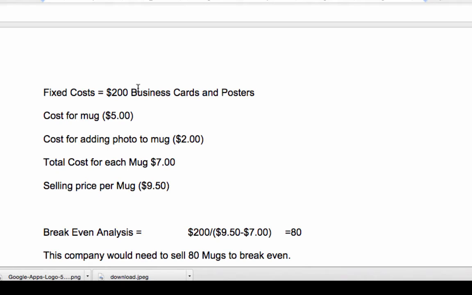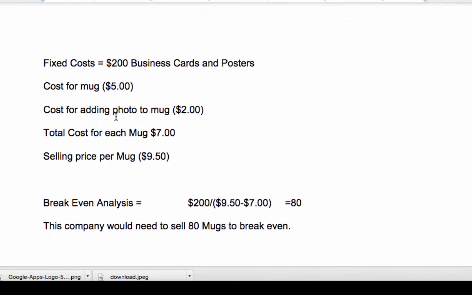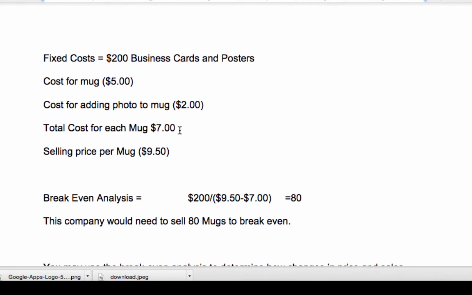Those were their only fixed costs, because we're having small businesses in our classroom. Let's say it cost them $5 to buy each mug. And to add a photo, they're going to go to Walmart and use their fancy Photoshop there and bring a USB with a photo on it with a personalized picture of their family. It's going to cost them $2 to do that. So in total, it's going to cost $7 to make each mug.